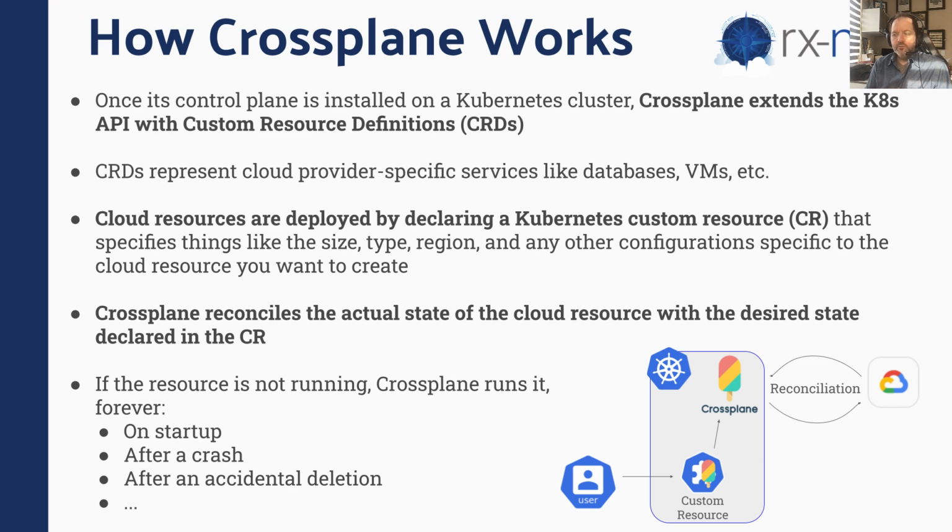And so to deploy one of those things, let's say we want to deploy an S3 bucket, really any object storage bucket in any of the clouds, right? We declare a custom resource that specifies details like the size, the type, the region, other configurations that are specific to that resource that we want to create, and then we deploy that thing.